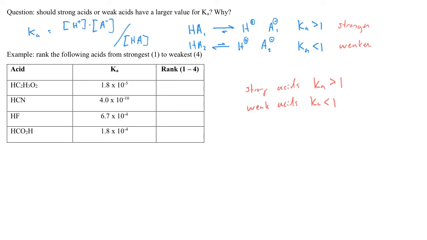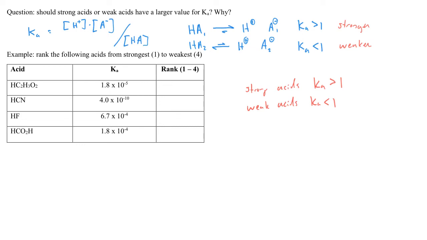And then it's really a split for HF and this formic acid. They both have powers that are 10 to the minus 4. The larger one will have a stronger acid. So we have to find the value that's larger, and that would be this hydrofluoric acid, which is 6.7 times 10 to the minus 4. That would be the strongest.